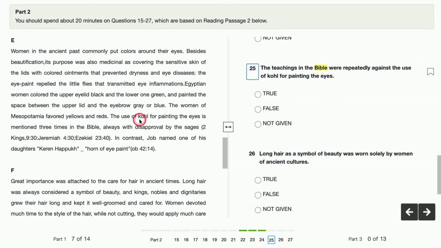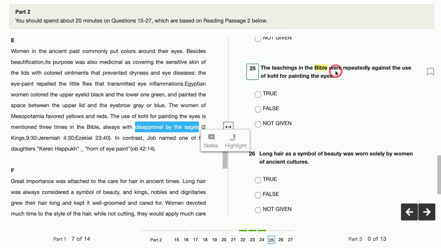It says the use of this for painting the eyes is mentioned 3 times in the Bible, always with disapproval by this. Although I don't know what this means, I think this is something in the Bible, because this information explains this word, right? And I think these 3 things look like something in the Bible. So here it actually says disapproval by the Bible. Disapproval means against, right?